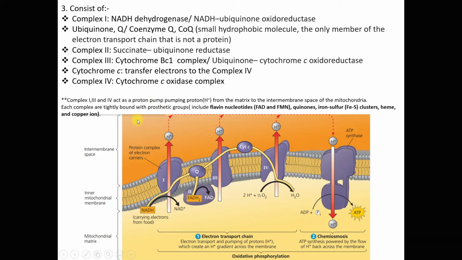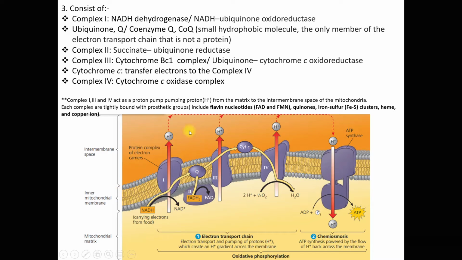Now, complex 1, complex 3, and complex 4 act as proton pumps, pumping protons from the matrix of the mitochondria to the intermembrane space of the mitochondria.